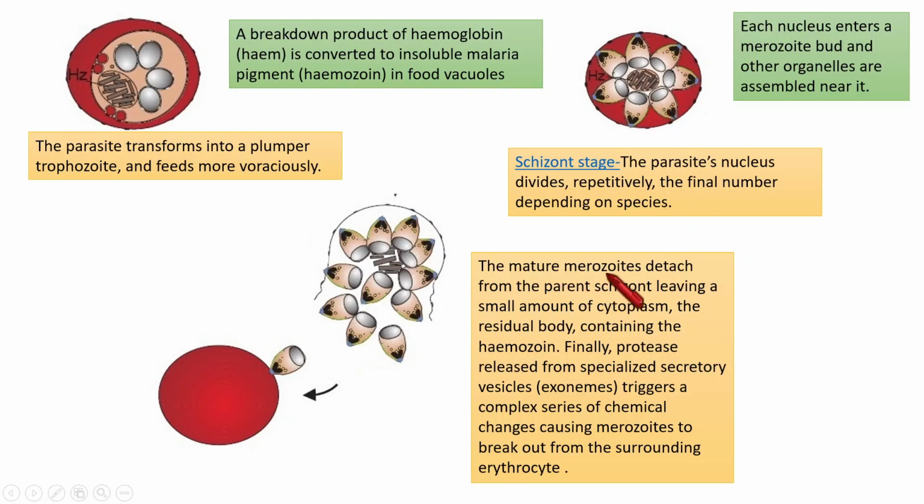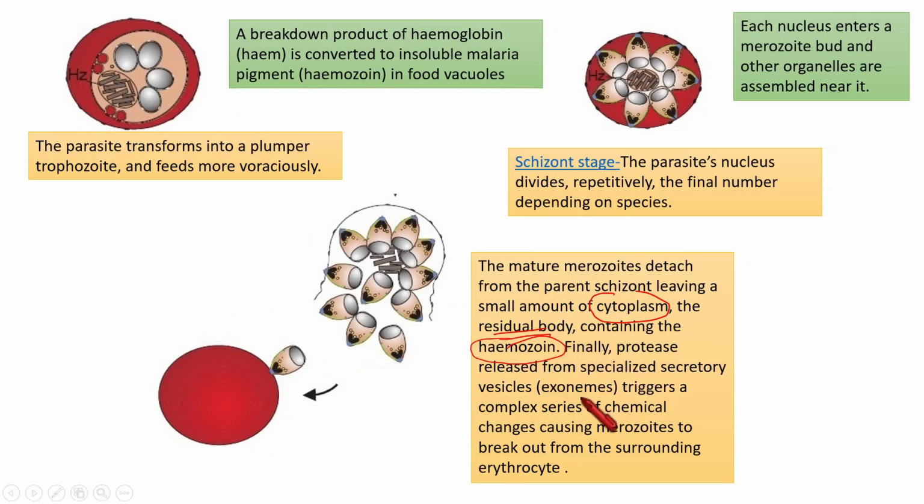And when the merozoite bud matures, it detaches from the parent schizont stage, leaving behind a small amount of cytoplasm. Its name is the residual body, and it contains the hemozoin.